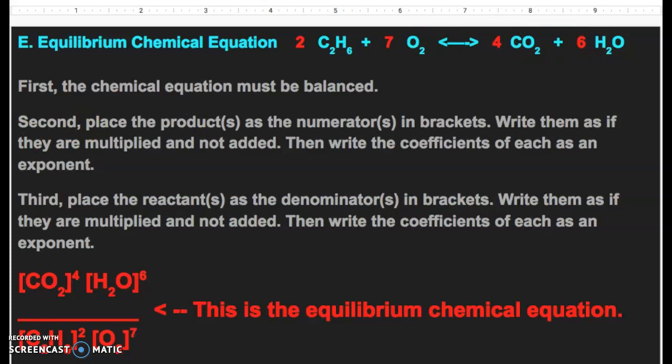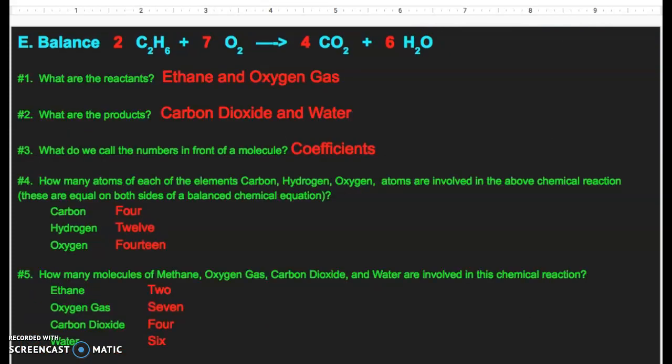Okay. Now we can answer some more questions. Now the balance is already there for you. So what are the reactants? The reactants are things that reacted: ethane and oxygen gas. And what are the products? The products were carbon dioxide and water. The numbers in front are called coefficients.